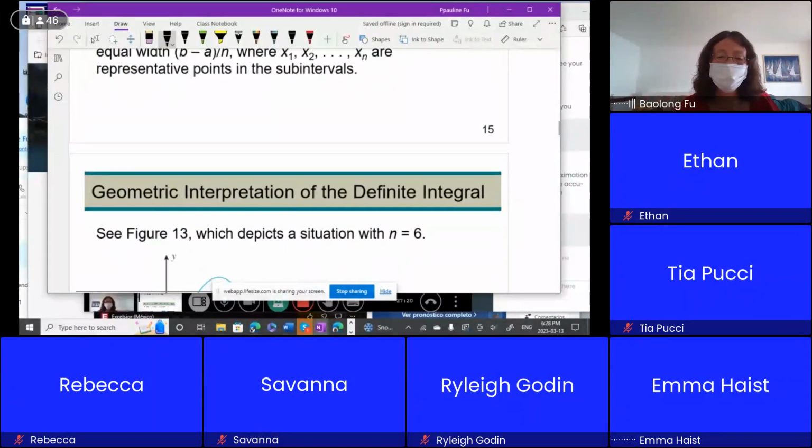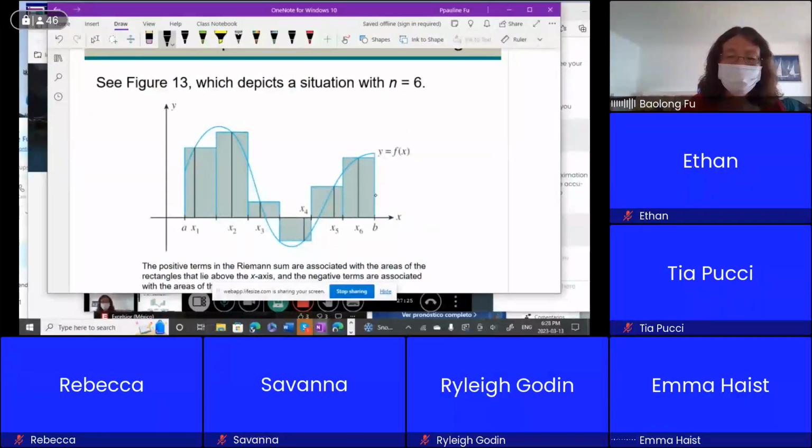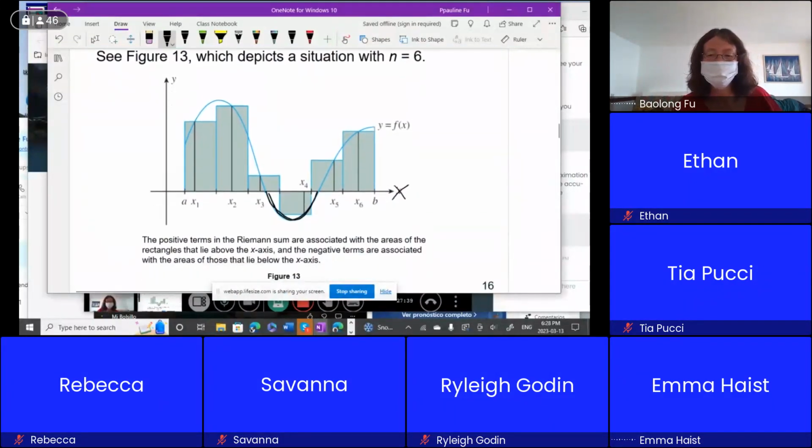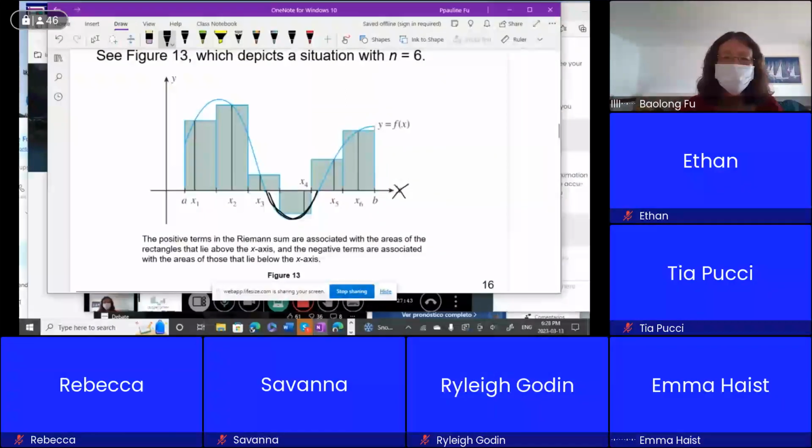And sometimes you have the curve below the x-axis, for example, this part. All the area above the x-axis gives positive terms.